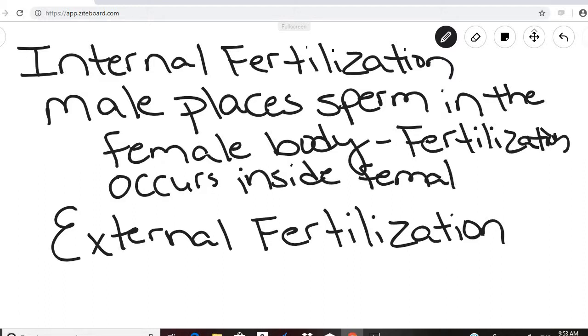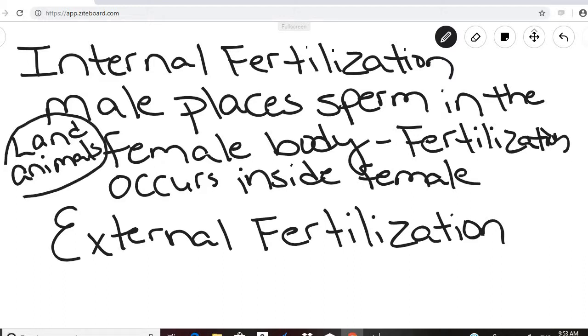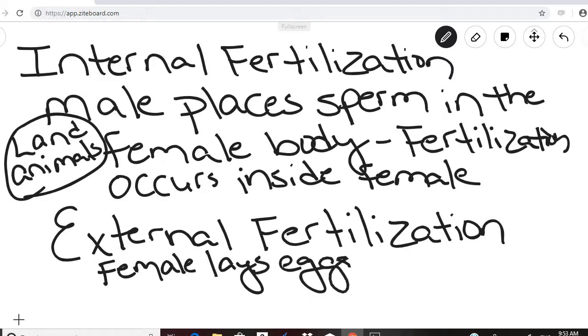In general, we would say that land animals, animals that live on land, have internal fertilization. Then external fertilization is where the female lays eggs, and the male fertilizes them outside of the body.